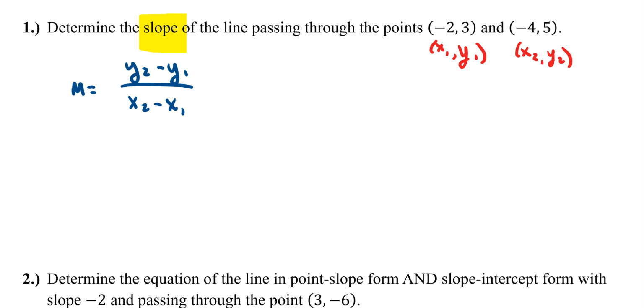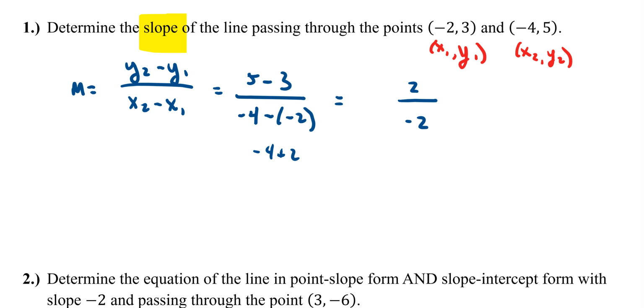So when you plug these in here, the difference in the y coordinates, 5 minus 3, y2 minus y1 over x2 minus x1. So once again, that's from right over here, -4 minus -2. Just be careful when you're doing this. 5 minus 3 is obviously 2, but the denominator, that's -4 plus 2, which is -2, right?